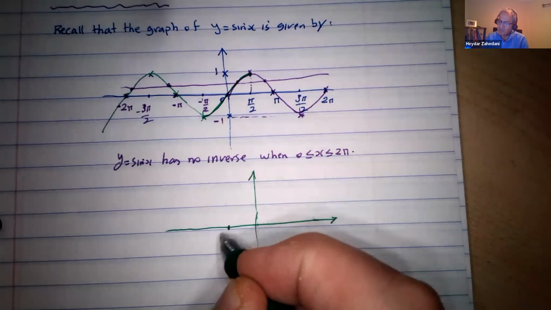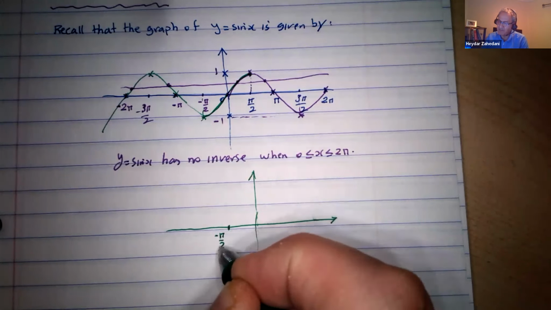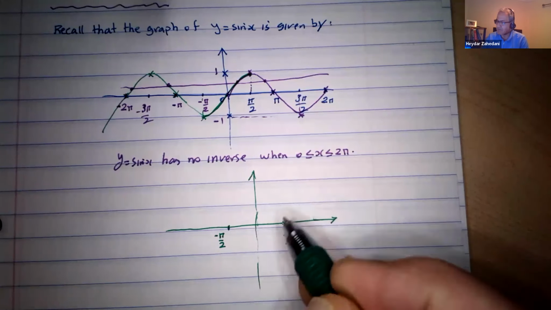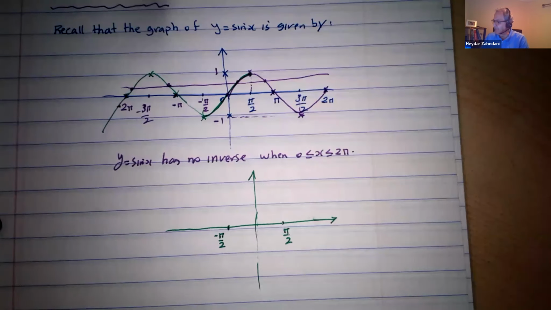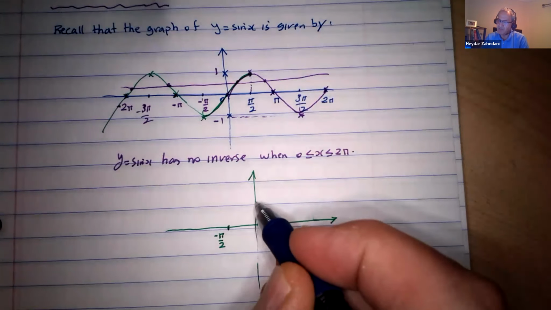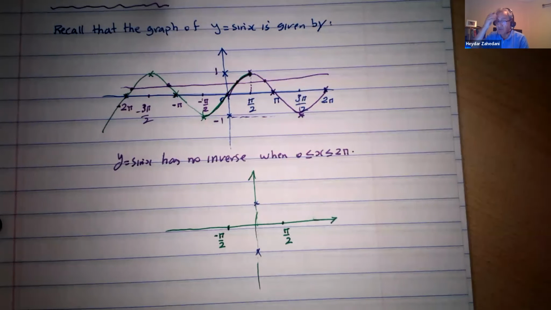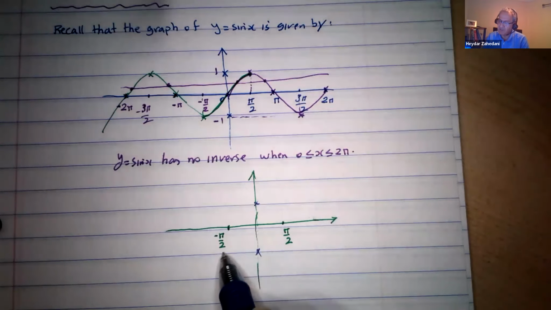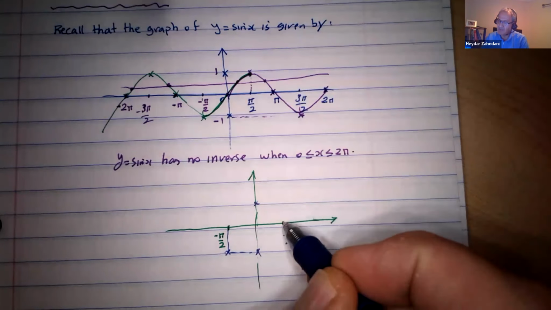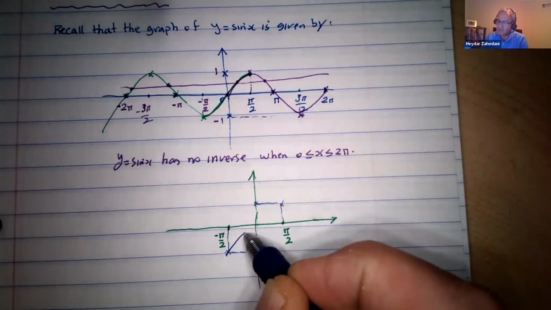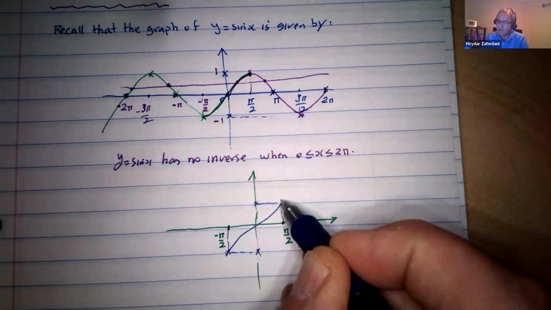So if this is negative pi half, sorry, and that's positive pi half, this is going to be 1, and this is going to be a negative 1. So your graph, as you can see over here, is going to be coming from this part, ending up at 1, 1. So this would be your graph.